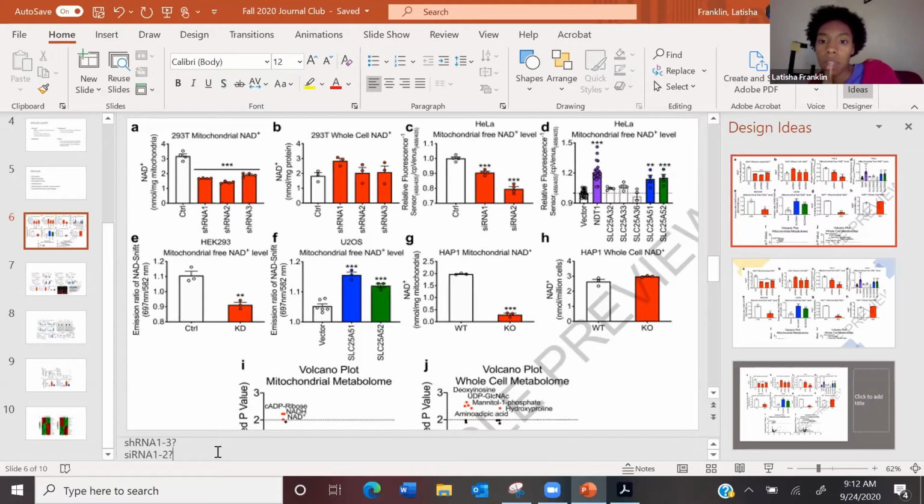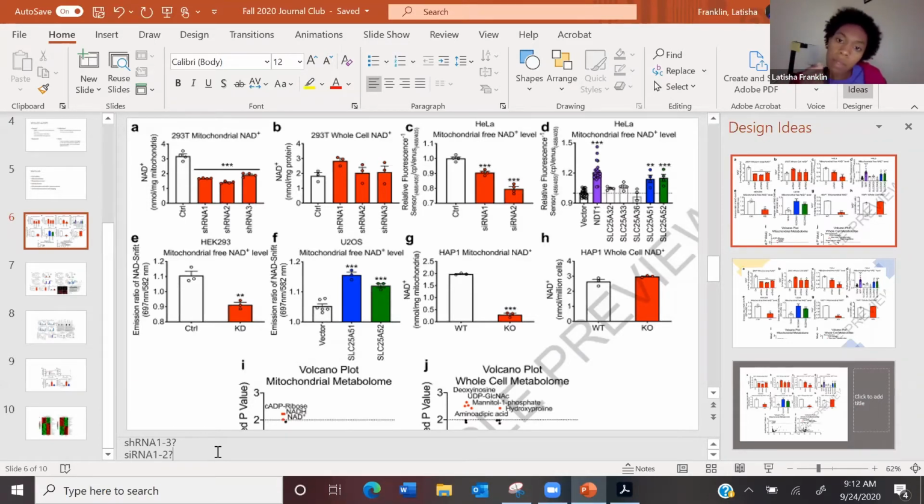And I'm assuming that NDT1 is a positive control, where we expect greater than normal fluorescence, just so that you know your experiment is actually doing what it's supposed to be doing.